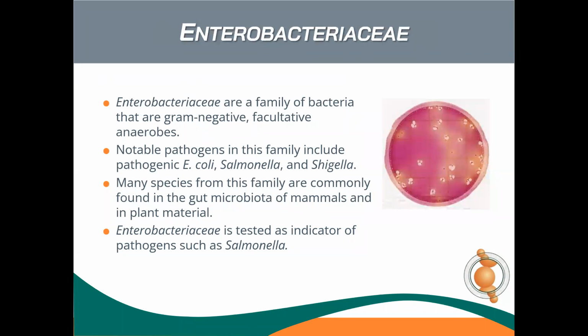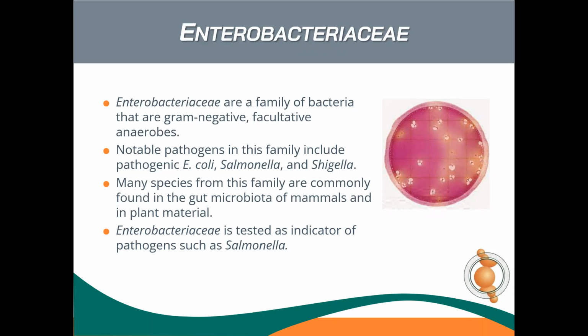Now on to Enterobacteriaceae. Enterobacteriaceae is a family of bacteria that are gram-negative, facultative anaerobes. Some of the notable pathogens in this family include the pathogenic E. coli, Salmonella, and Shigella. And many species from this family are commonly found in the gut microbiota of mammals and in plant material.